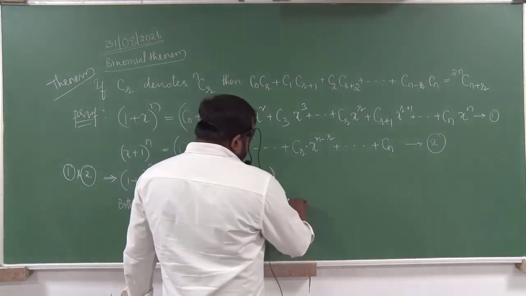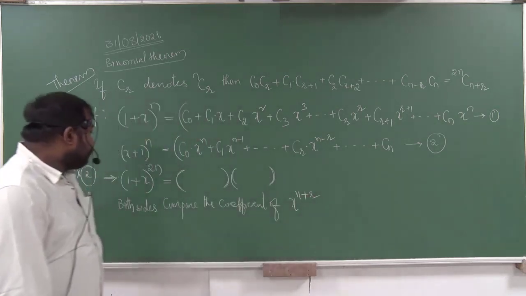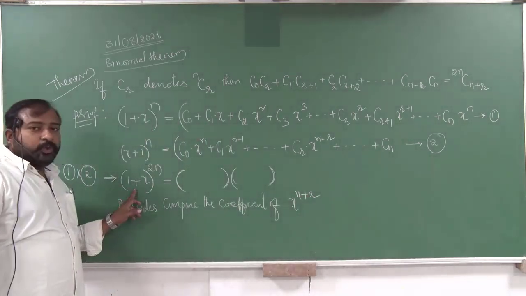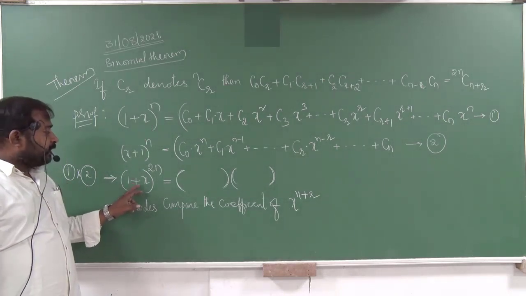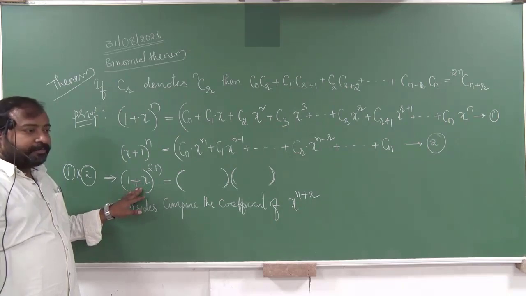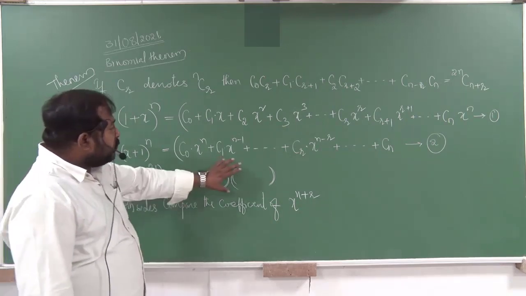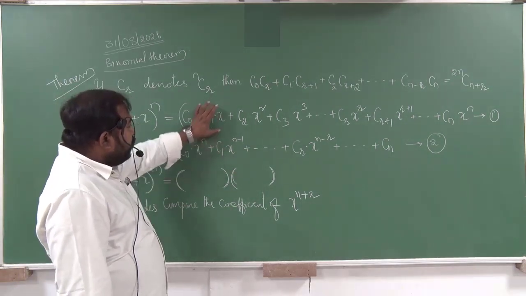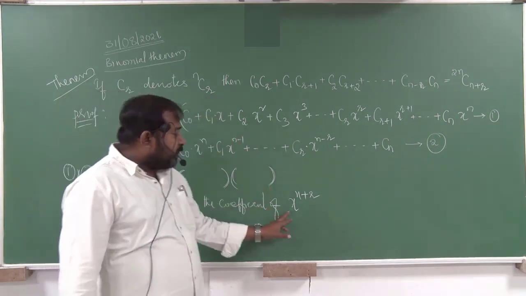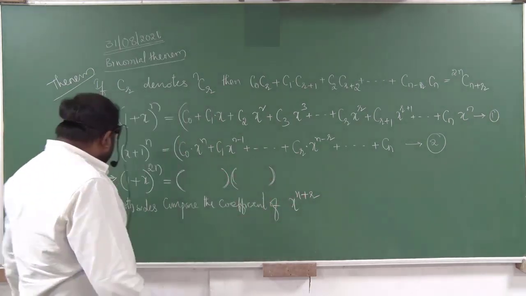If you expand this value with the help of the binomial theorem, you will get the coefficient of x power n plus r on this side. You will get one coefficient here. You will get it on this side also by multiplying the second one into the first one, and we can compare the x power n plus r coefficients. Then tell me what you will get more here.